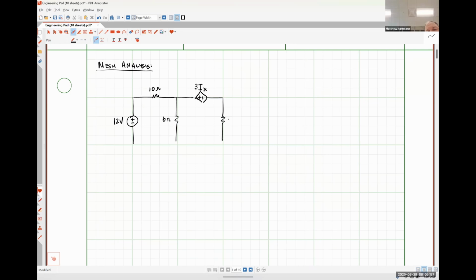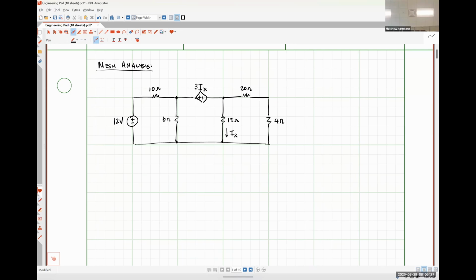Let's make this a 15 ohm resistor, a 20 ohm resistor, and over here maybe a 4 ohm resistor. And I am going to choose to define my controlling variable current, Ix, as the current flowing down through this 15 ohm resistor.